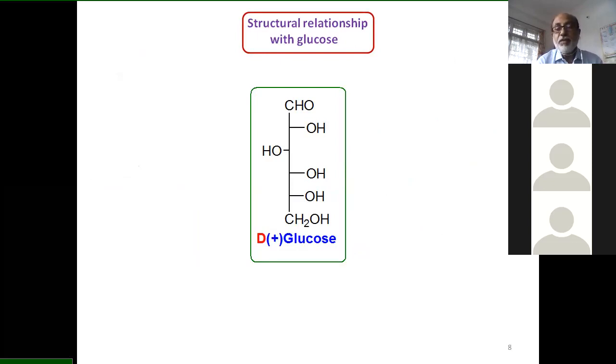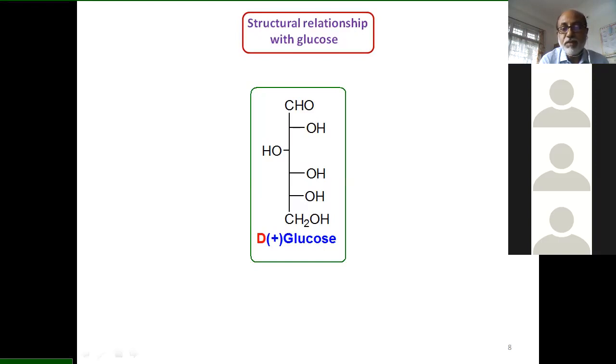Now, if you remember the structure of glucose, right, left, right, right, these are the positions of the OH groups. Other things you don't have to remember; simply remember glucose. This is D-plus-glucose. What is D? D is that configuration where the OH group on the last chiral center is on the right.